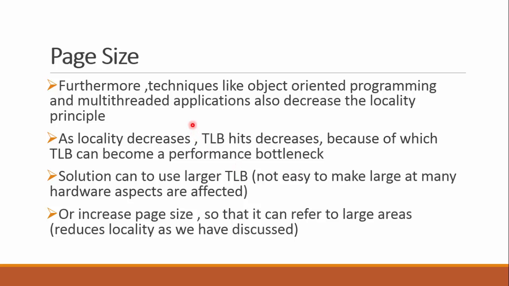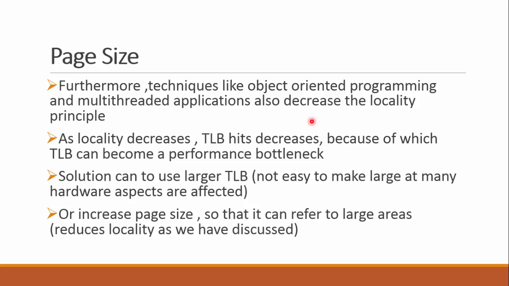So page size is really a concern, and object-oriented programming and multi-threaded applications decrease the locality principle. With modular programming and many threads running at the same time, they make abrupt dynamic references to various parts of the process which are not in the locality.